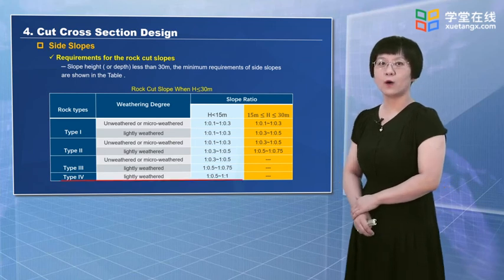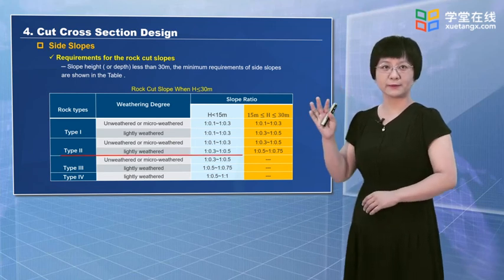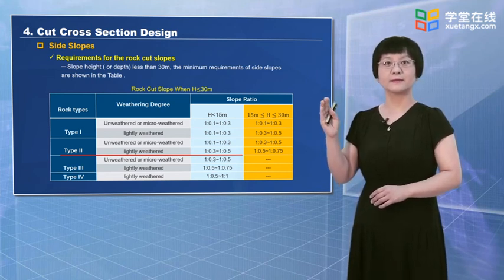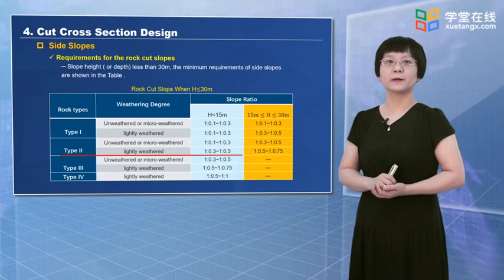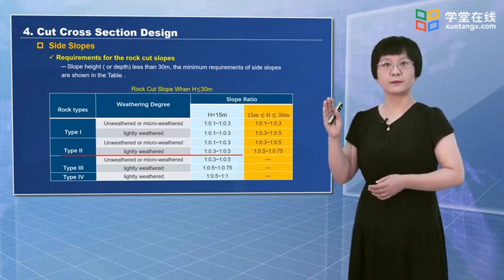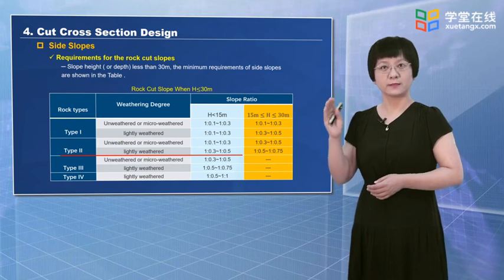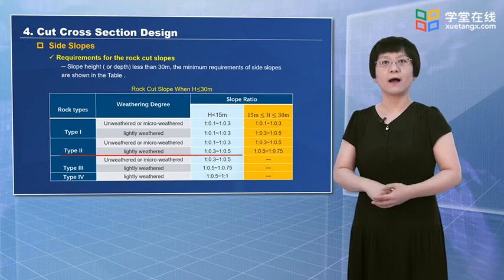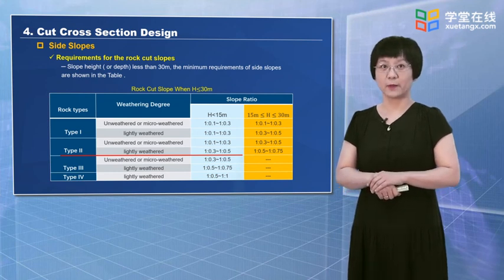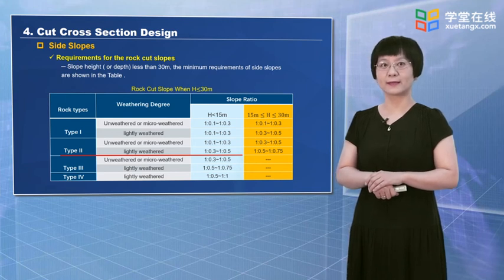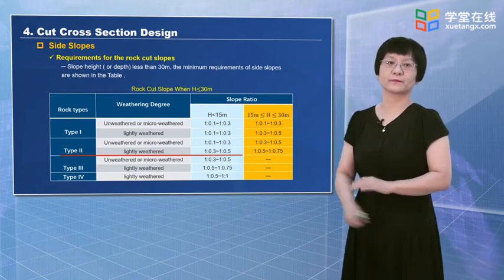For example, when the rock belongs to type 2 with light weathering, and the edge height is 8 meters, the slope ratio can be chosen between 1:0.3 and 1:0.5. When reliable data or experience is available, the cut slope is not restricted by this table.